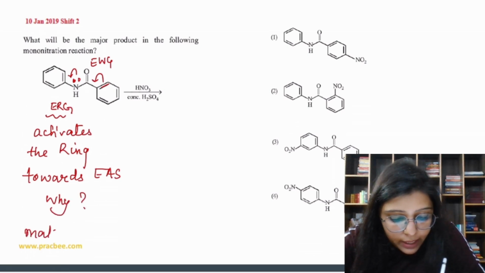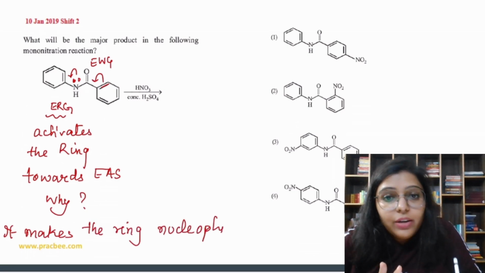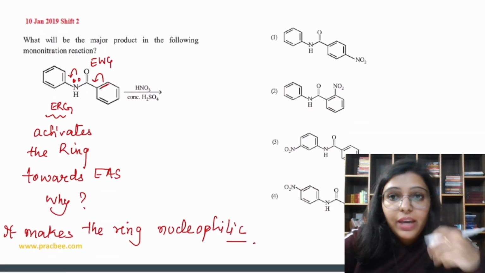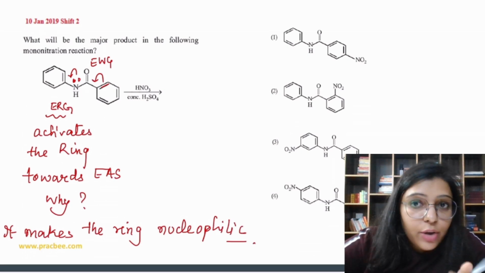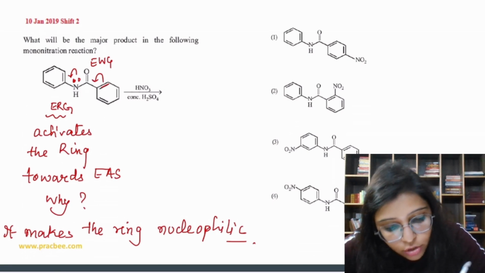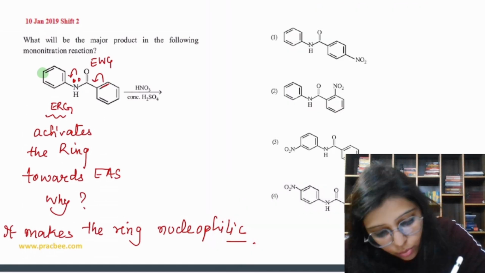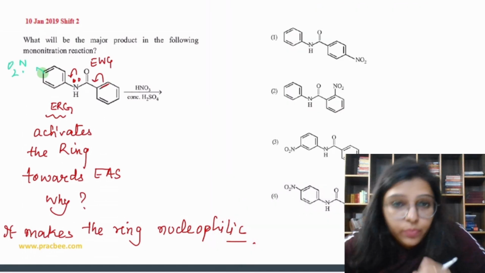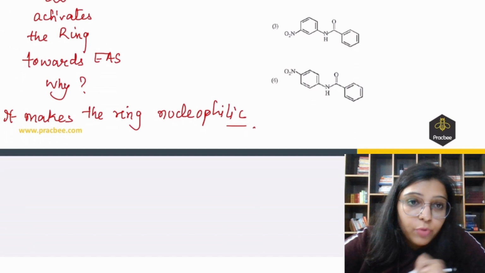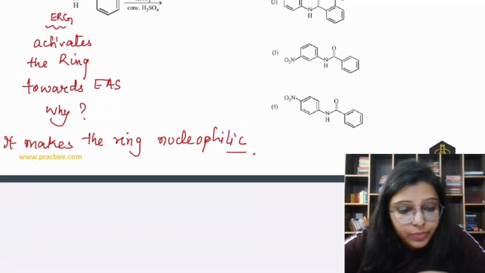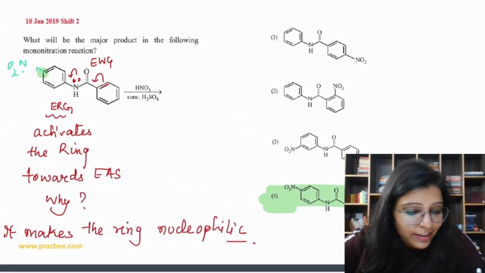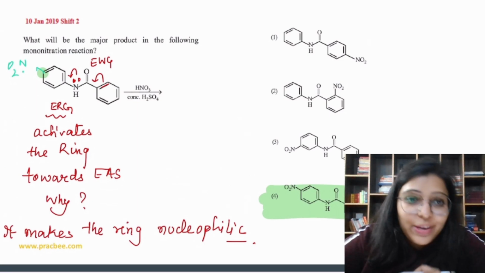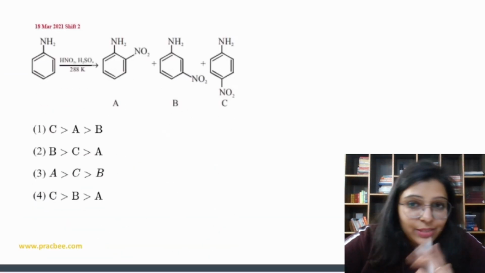Because it makes the ring nucleophilic, so it can easily attack the electrophile. ठीक है, so we have to do the electrophilic aromatic substitution with respect to this NH. So at the para position we are going to attach the NO2 group. Here we are going to attach NO2. So on the basis of that, option 4 is going to be the correct answer. Clear? Simple question, no? We have such simple questions with respect to aniline or amine.